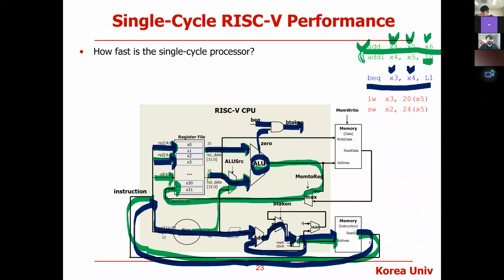But the one thing you have to be careful about is when you execute a branch instruction. This computation, the subtraction operation, and the branch destination computation are happening at the same time.